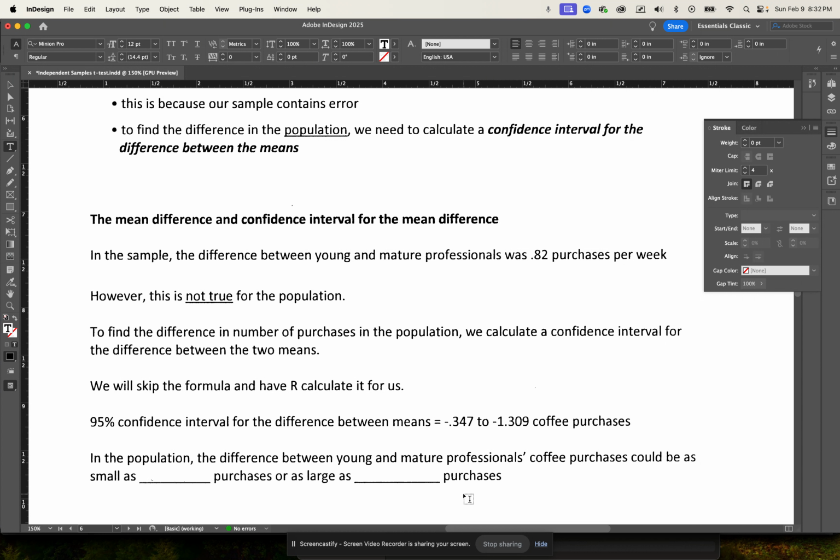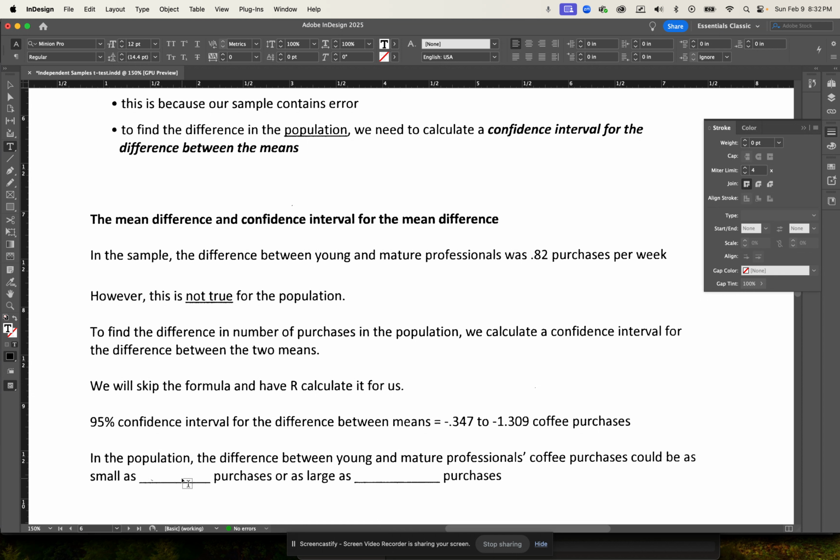Now, here's what I want to say about that. When it comes to communicating the results, you want to ensure that you include the unit of measurement. It's not going to be enough to tell your manager that the difference is 0.347 to 1.309. Like, okay, what does that mean, right? So really what your communication should be when sharing the confidence interval would be this sentence right here.